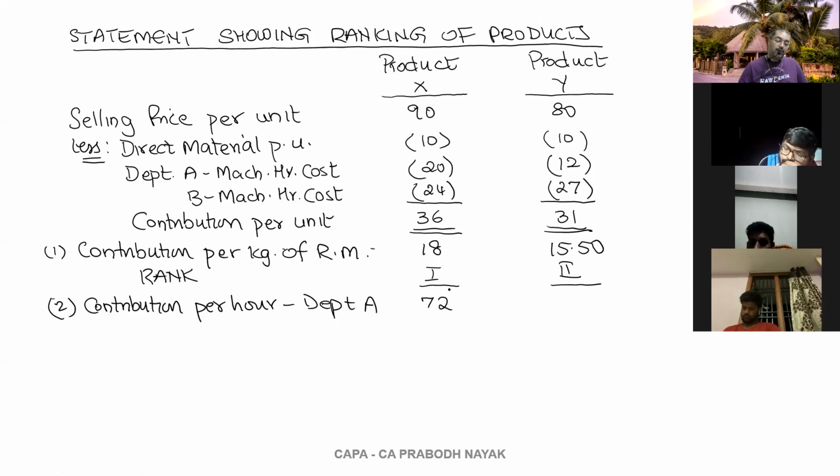And for product Y it is 0.3, so 31 divided by 0.3 is 103.33. So the rank over here: product Y will get first rank, and X second rank.